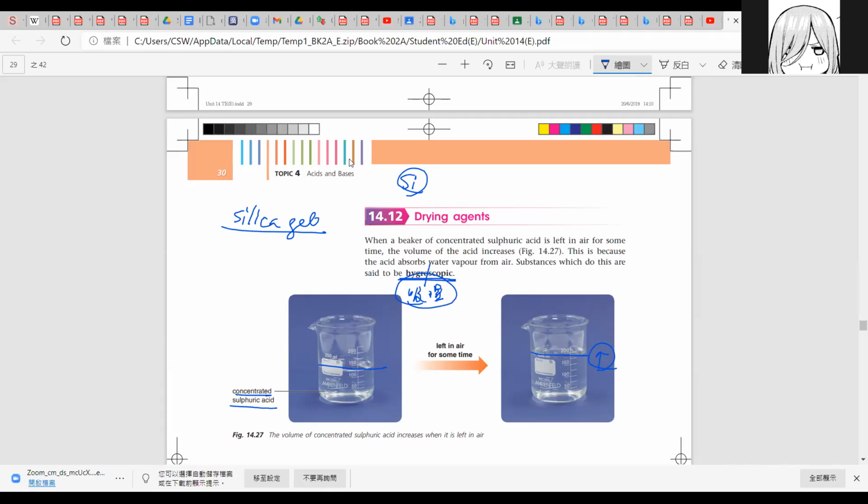Now, please search the web. Silica gel, what is that? So silica gel is a safer choice in our daily life. But of course, in the chemistry lab, sometimes we look for efficiency, so we use concentrated sulfuric acid instead.